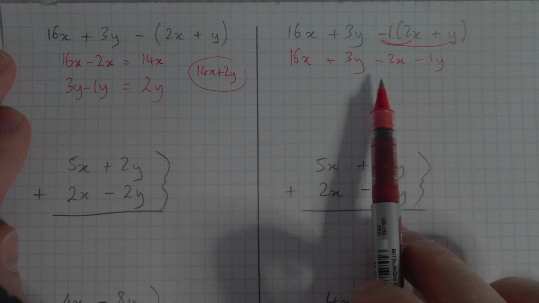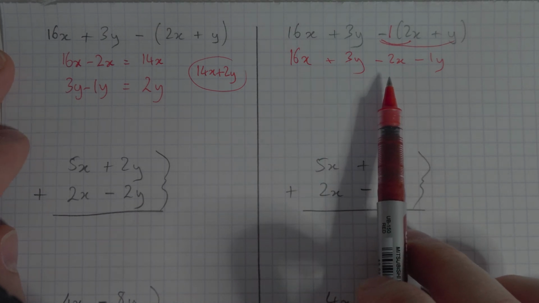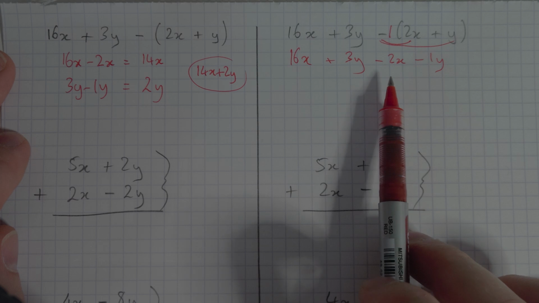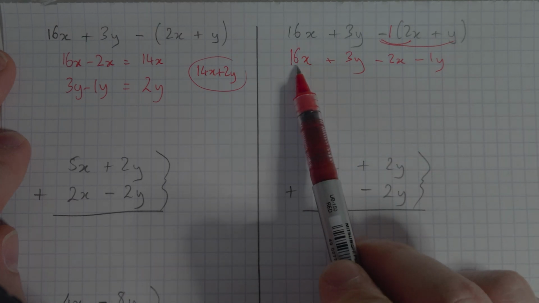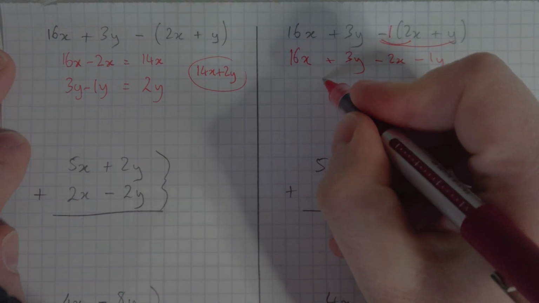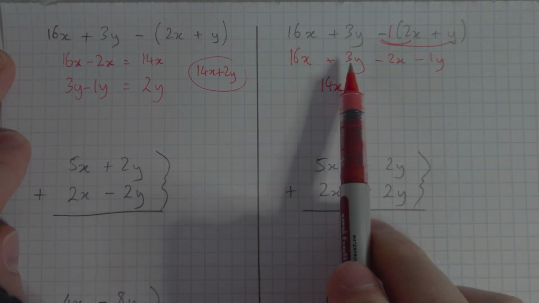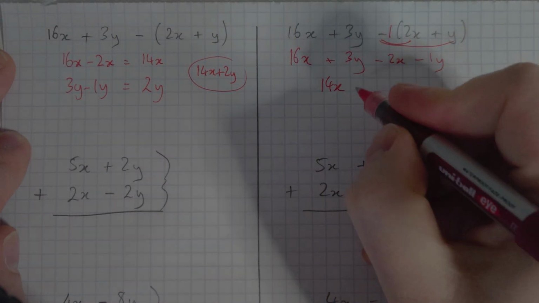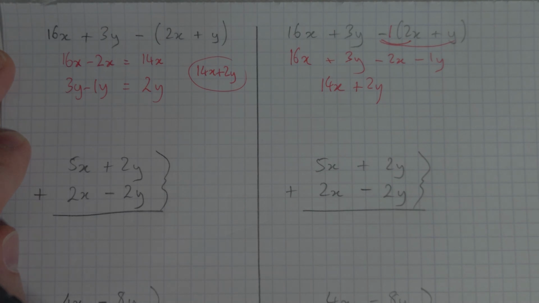And now this is a question like you said you were able to do already. This is like the later part of question 2. So let's finish it off. 16x take away 2x is 14x, and 3y take away 1y is positive 2y. Positive, so I put plus in the middle. Okay, so there's 2 different ways of doing that type of question.